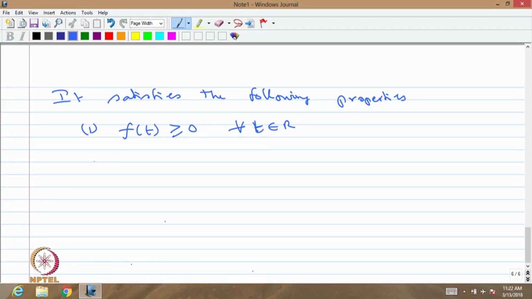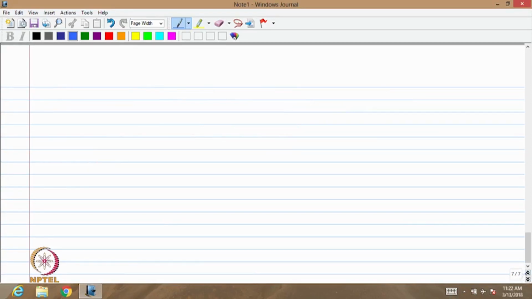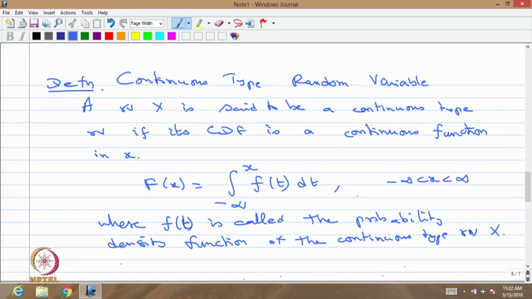Not only that, since you are writing capital F of x as the integral from minus infinity to x of f of t dt, if you take the limit as x tends to infinity, you know that the limit of capital F of x is 1.